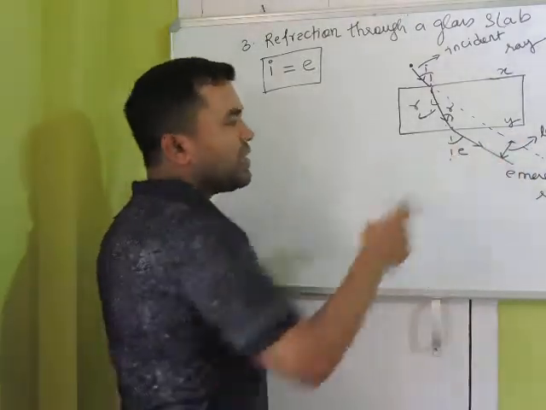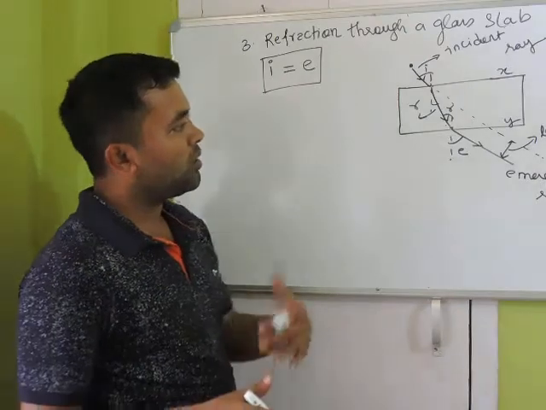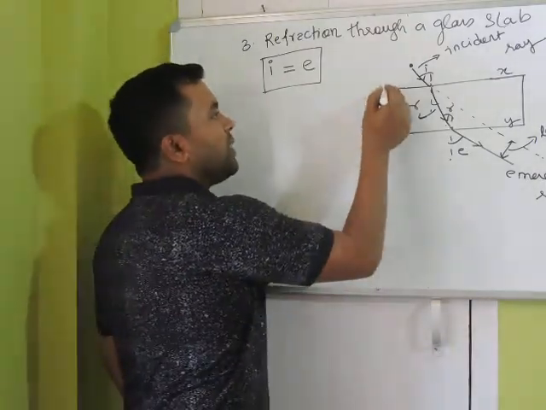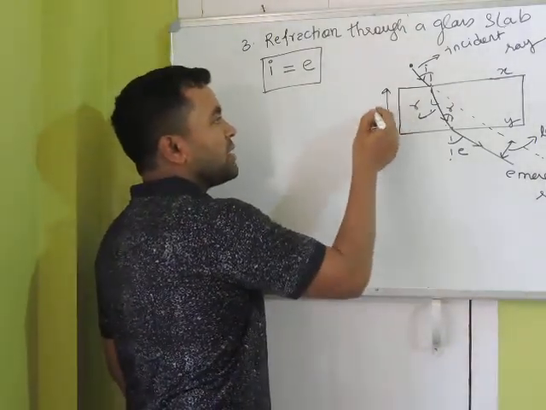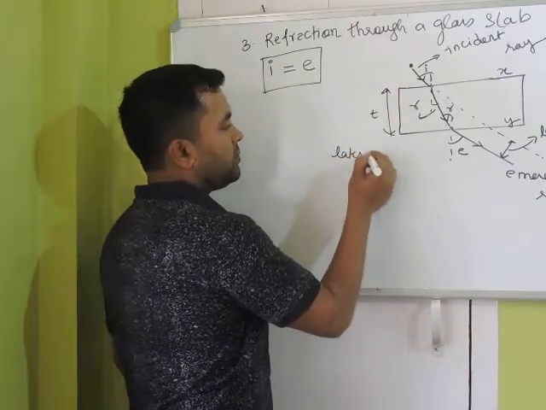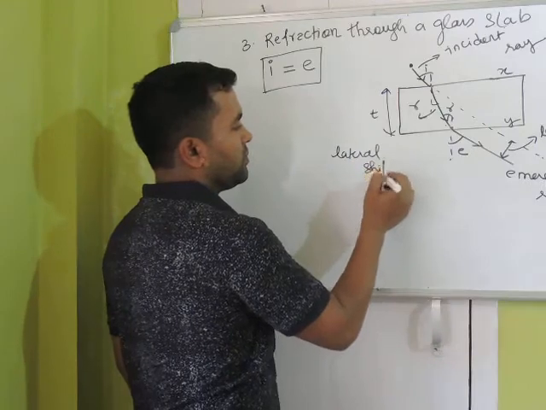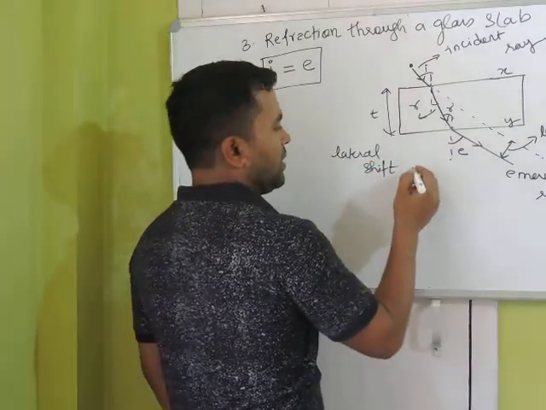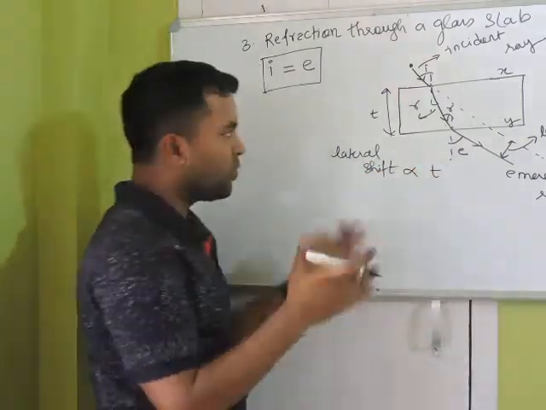Now this lateral shift will depend on 3 parameters. It will depend on how much is the thickness. Let us say thickness is T. So this lateral shift will depend on the thickness of the material, more the thickness, more the shift.